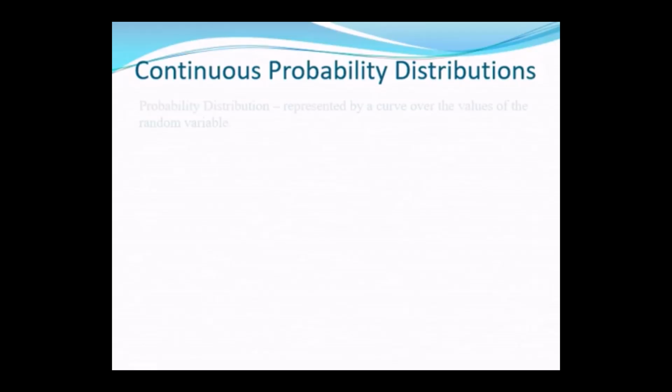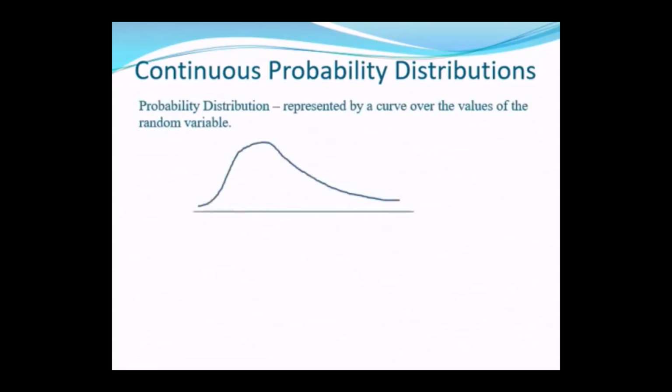And so what we're going to be talking about with probability distributions is they're just going to be represented by a curve over the values of the random variable. So I'm going to come here and grab a pen and I'll say, here are values of x. I don't typically have an axis here, but you can think about probabilities on this axis. So I'll draw it in here. Let's say p of x.